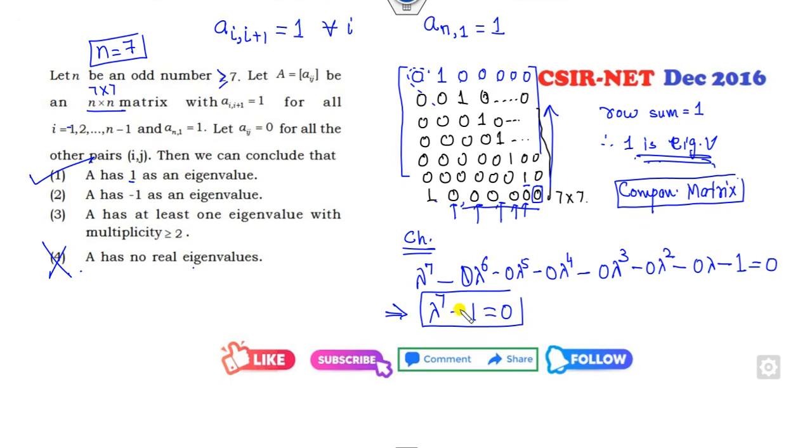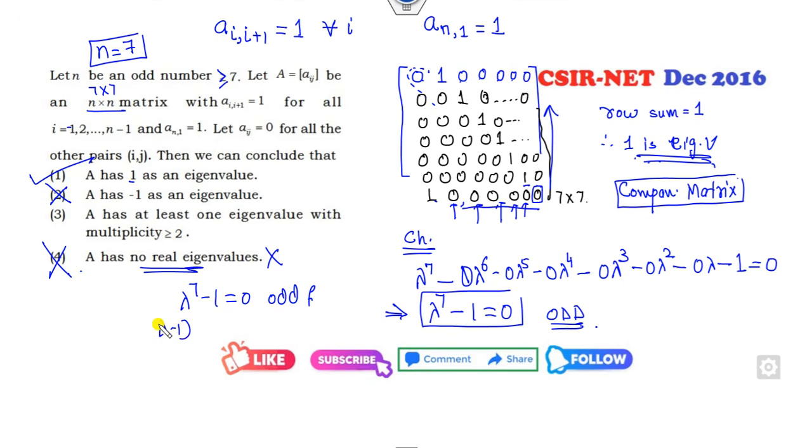So that means, clearly, the polynomial is of odd degree, so one real root must be there. So the option of no real root is also discarded. Is minus 1 satisfied? No. So minus 1 is also a wrong option. Has at least one eigenvalue with multiplicity greater than 2? That's a wrong option, because it is of odd degree.